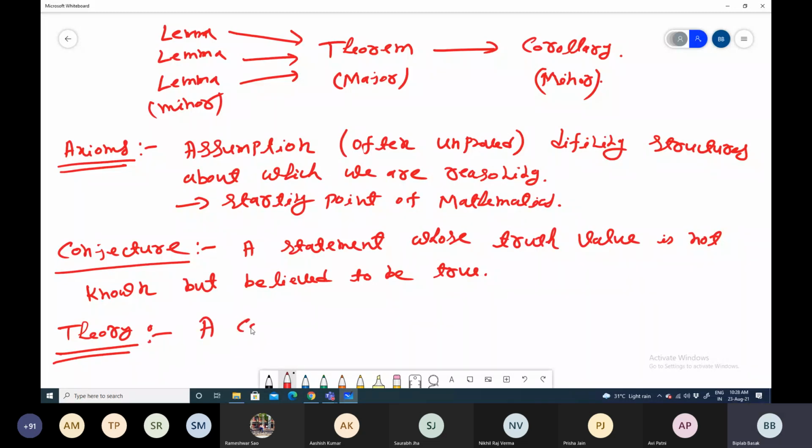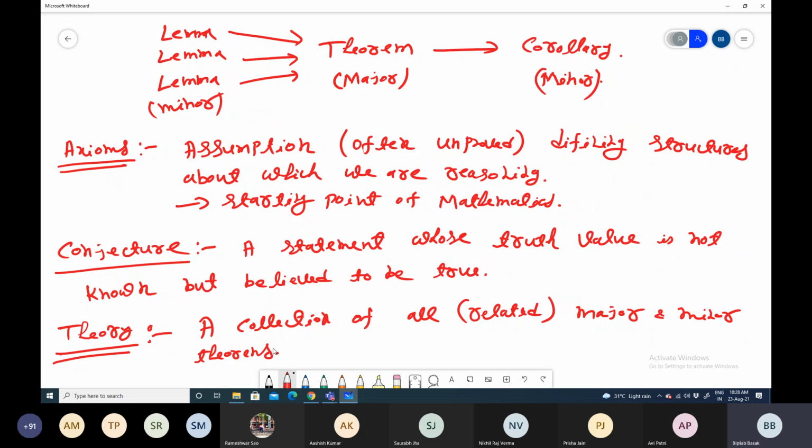Theory is a collection of all related major and minor theorems.